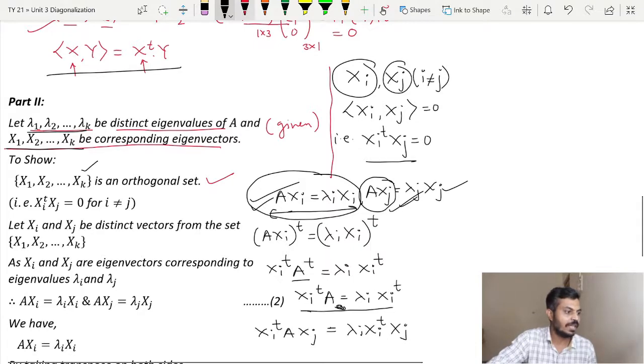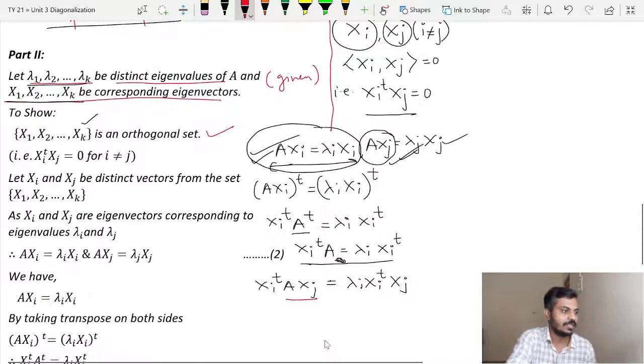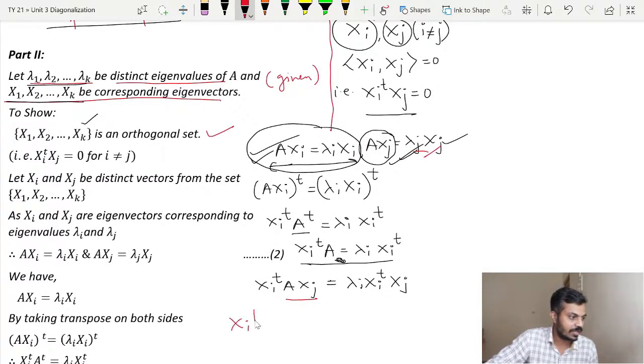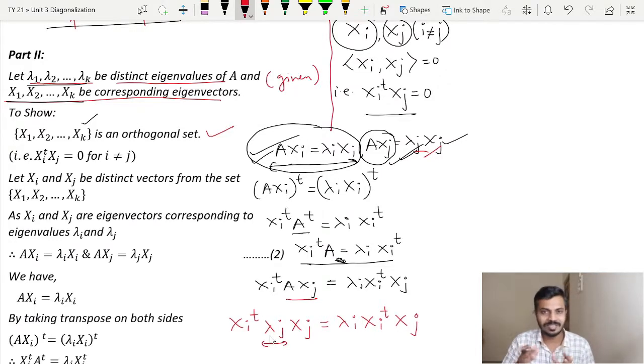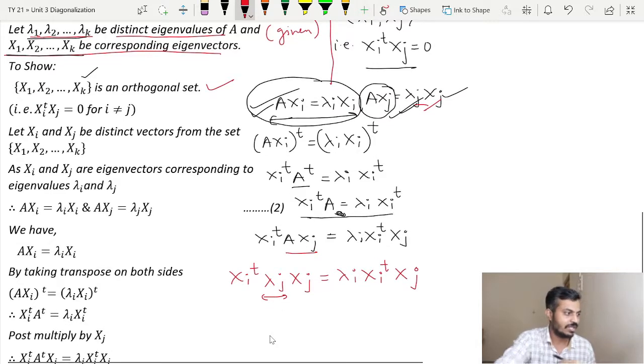But what will be A xj? A xj is already lambda j xj, as written here. Therefore this will be xi transpose lambda j xj equal to lambda i xi transpose xj. Now since lambda j is a real number, its position can be shifted anywhere.